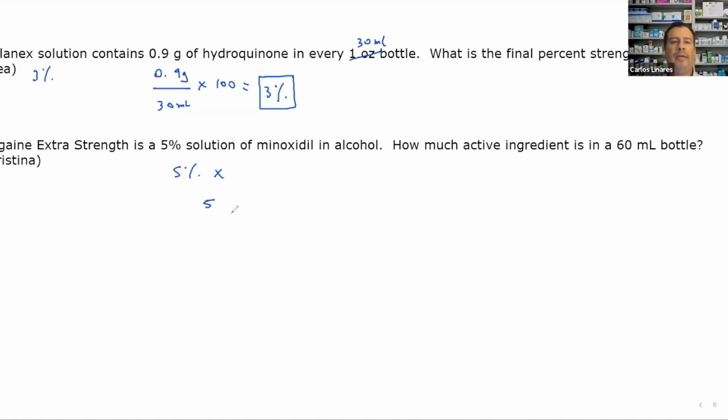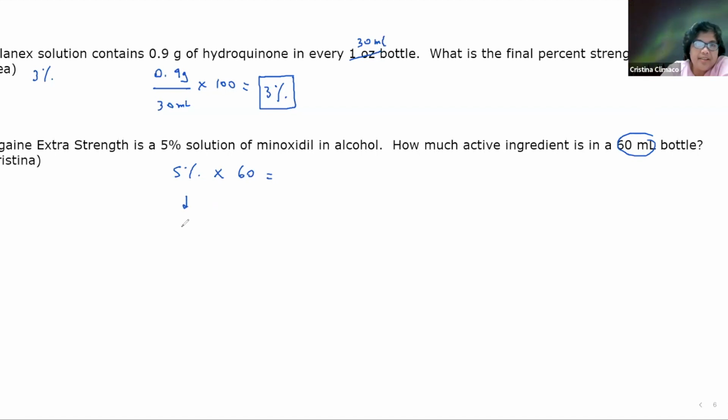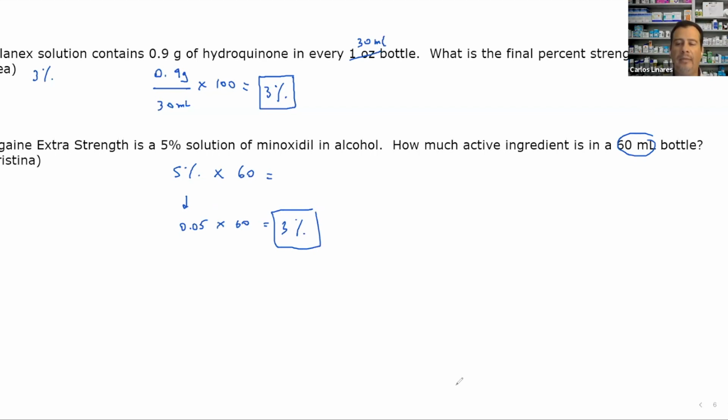You just multiply 5% times the total, which is 60. 3 mLs. Okay, that's it. So remember that shortcut, okay? Great. So that was weight per volume.